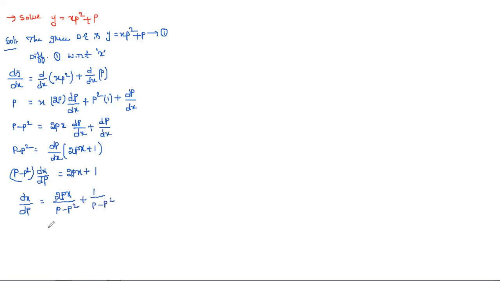So this is the one. Now take this term to the left hand side, then it changes to dx by dp minus 2p by p minus p square into x is equal to 1 by p minus p square. Let me take it as equation 2.